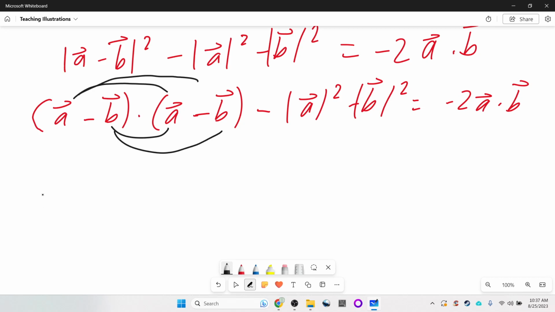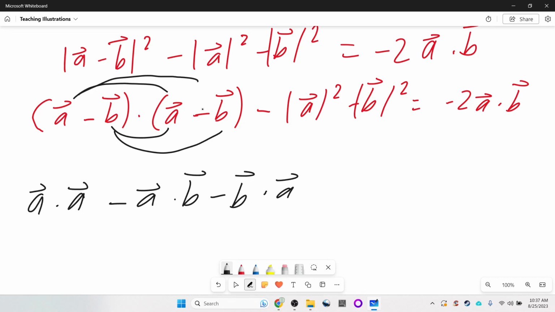So we will get a dot a minus a dot b minus b dot a plus b dot b. Now these two here are also dot products with something in itself.